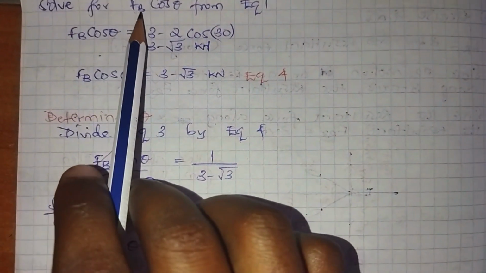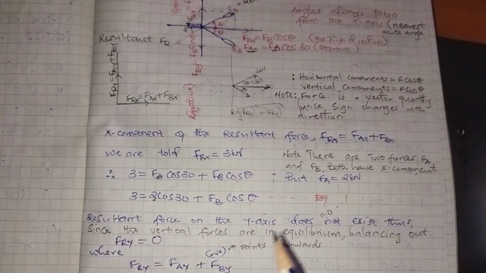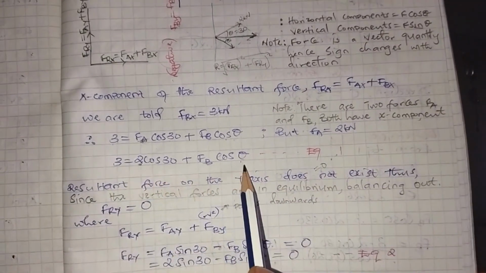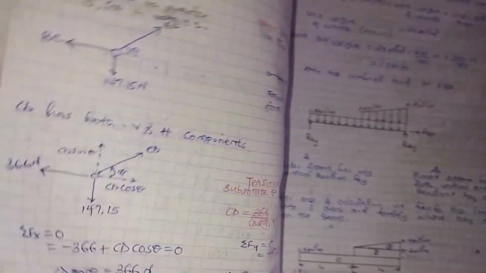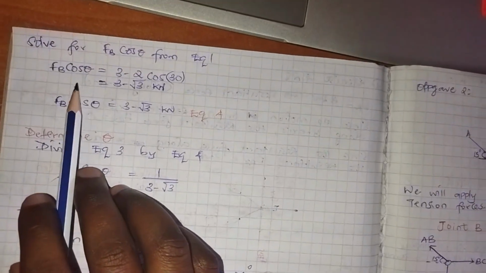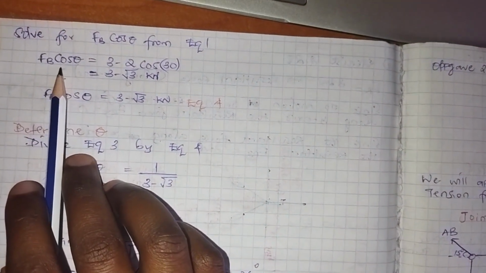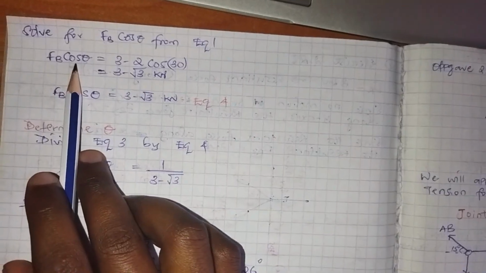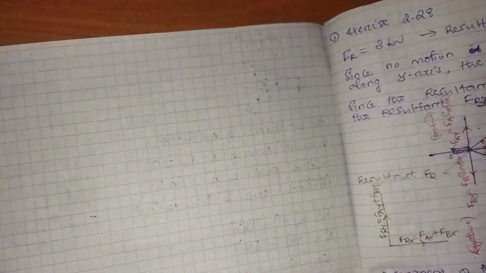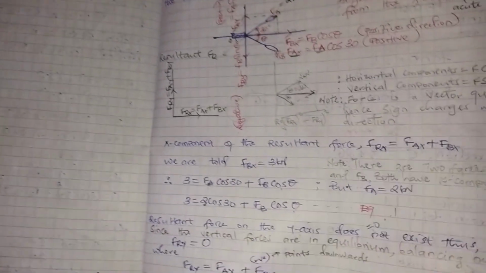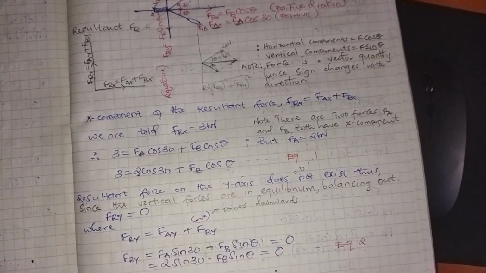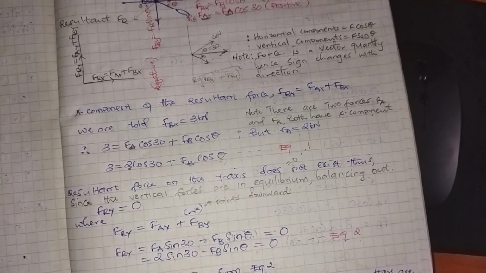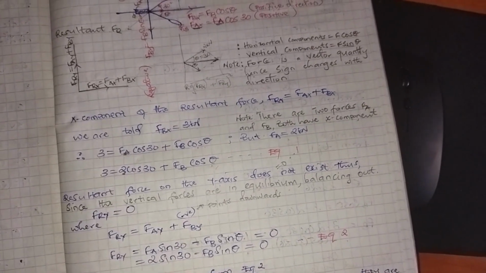So we are solving for FB cos theta from equation 1. What does equation 1 say? Equation 1 says that. Okay, how will we solve that? Let us see. We have equation 1, and FB sine theta is 1 kilonewton, which we said is equation 3.